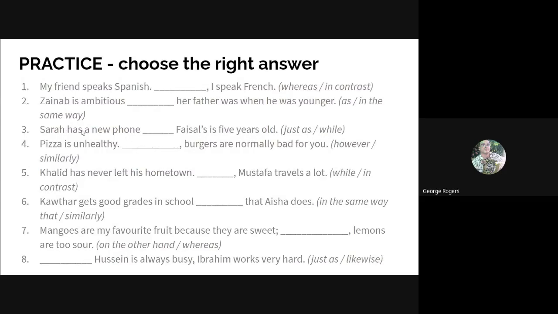So again, it's a subordinator, and one is new, one is 5 years old, so we really want the while here. Sarah has a new phone while Fezels is 5 years old. Pizza is unhealthy. Look at number 4. Pizza is unhealthy.